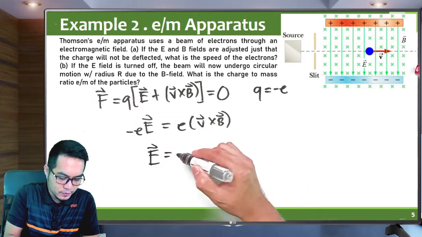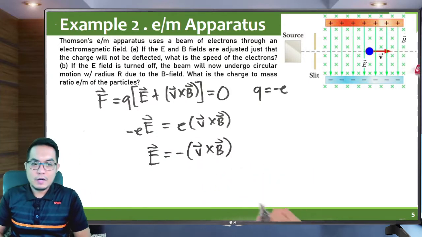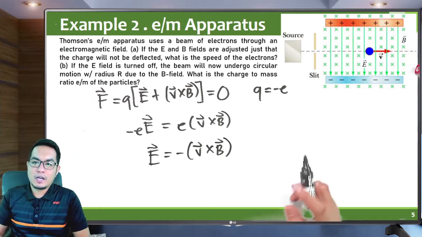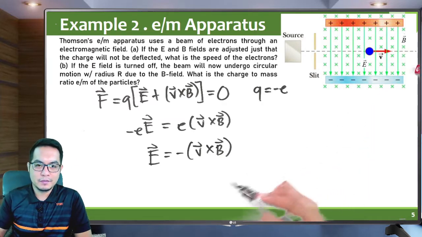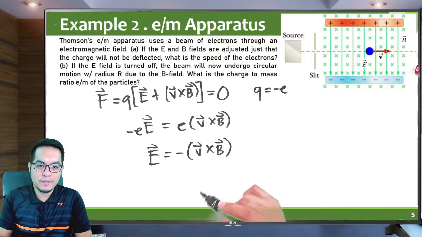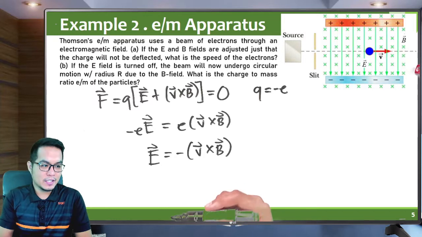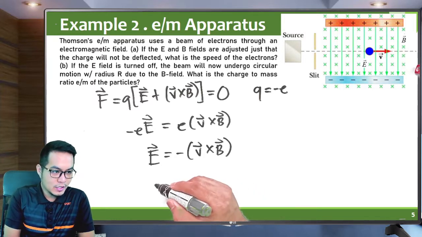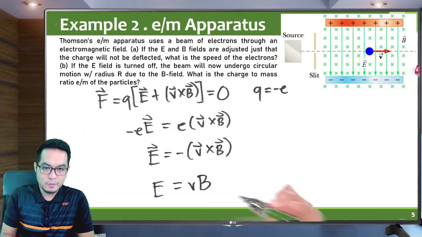E is equal to negative v cross B. Now, since in this case, the velocity is perpendicular to the magnetic field, then the magnitude of v cross B is just v times B. And the magnitude of the electric field is just E. So this is just essentially E equal to vB.